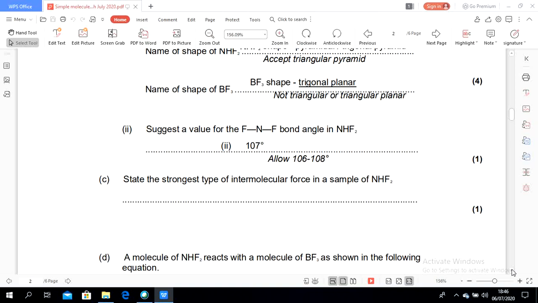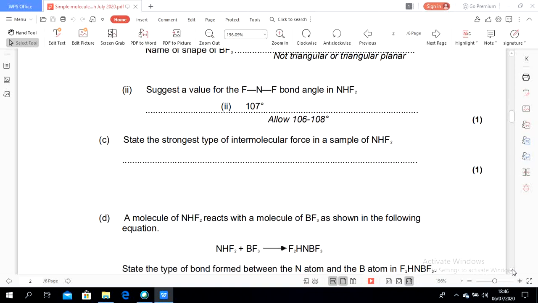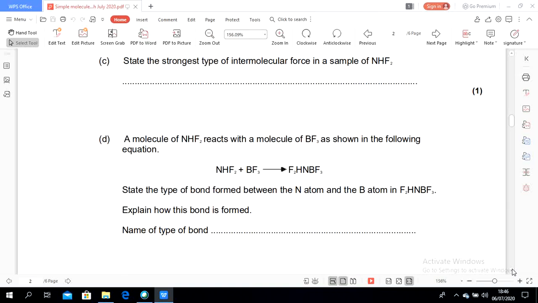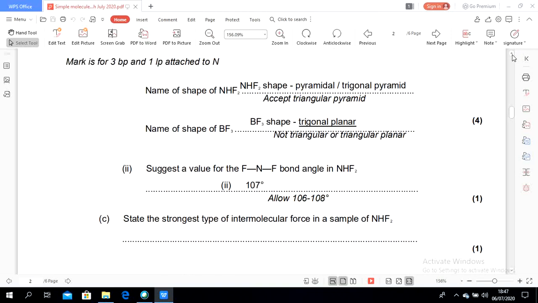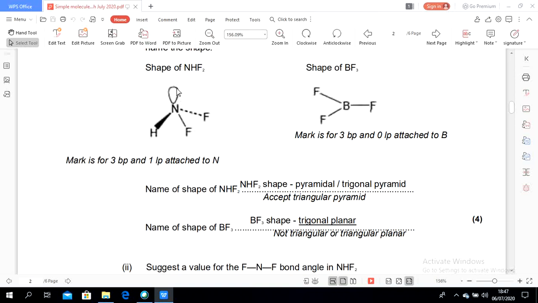Okay. And then D, a molecule of NHF2 reacts with a molecule of BF3 as shown in the following equation. State the type of bond. Okay, in the nitrogen in NHF2 there is a lone pair. There is a lone pair here. And then in BF3 there is no lone pair.